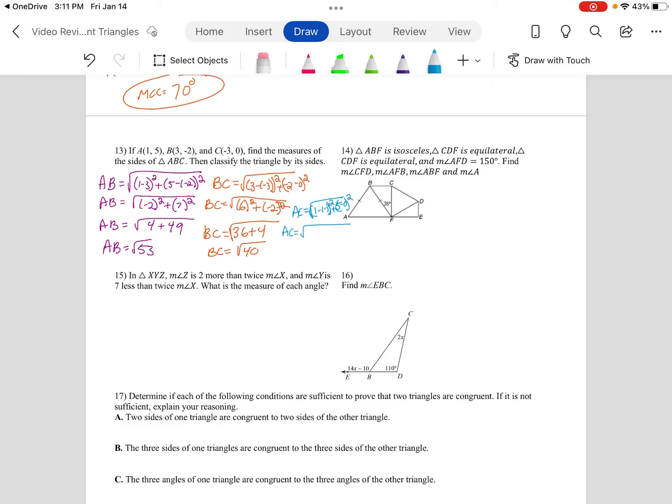From A to C is going to be 1 minus negative 3 is going to be 4 squared. 5 minus 0 is 5 squared. 16 plus 25. Distance from A to C is radical 41. So since none of the sides are the same, this is a scalene triangle.